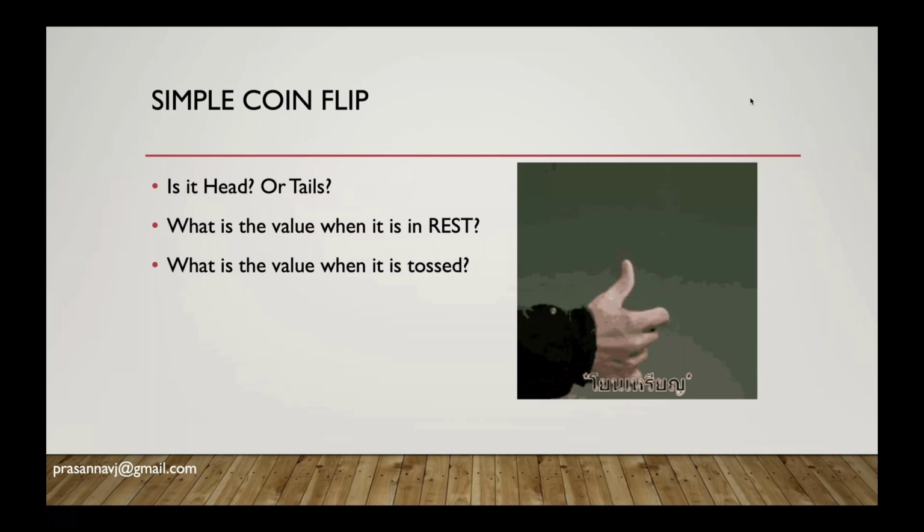And assuming that you are tossing this coin, when it is in transit, in motion, what would be the value of that coin? Any guess? If you can write it in the chat, what do you think would be the value of the coin when it is flipped?